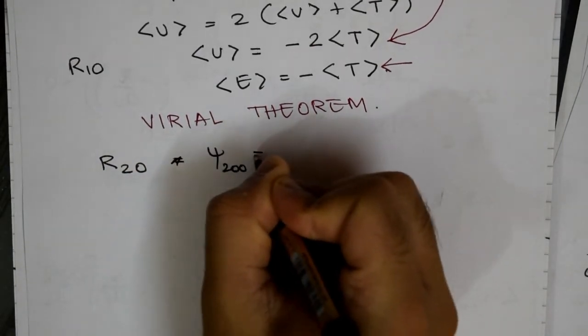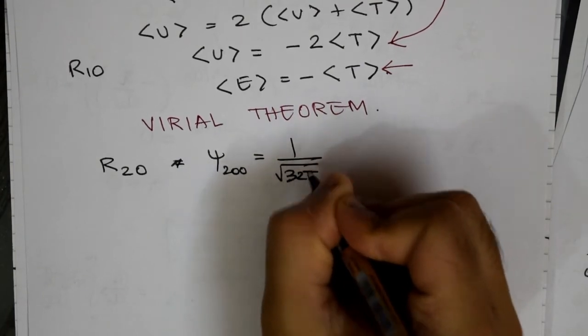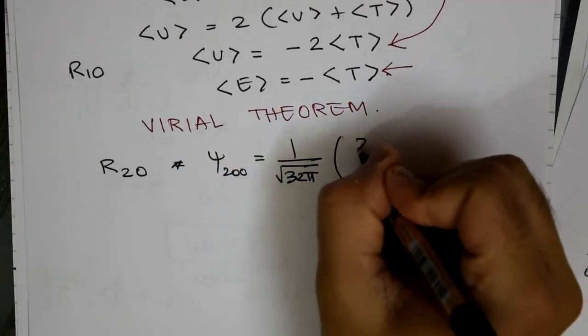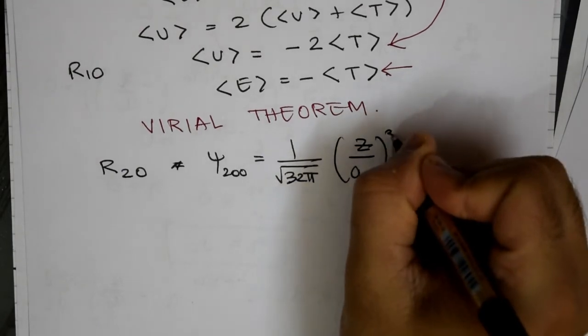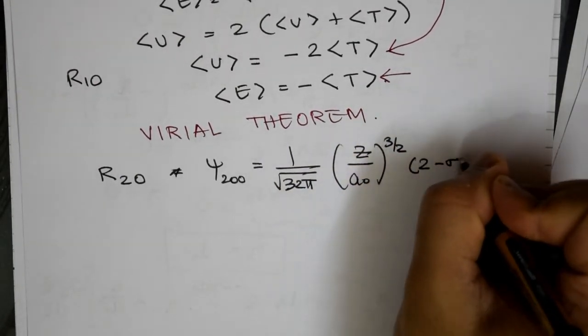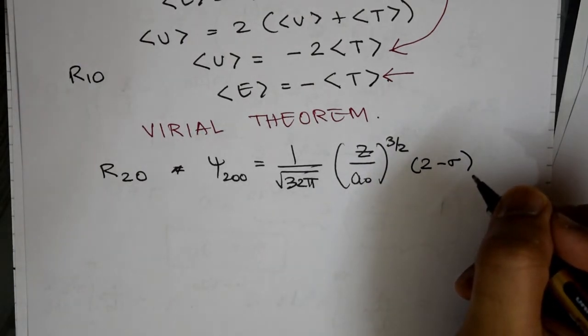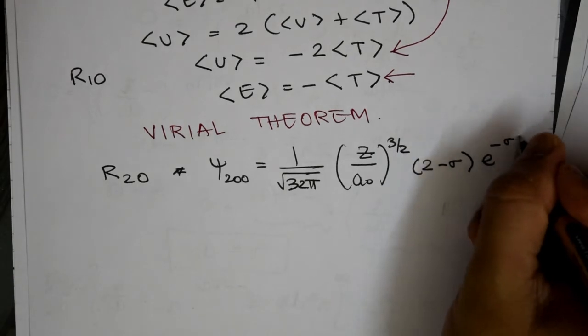So you get something like 1 over square root of 32 pi times Z over a naught to the power 3 by 2. Okay, and then you have, remember, a dependence that comes as 2 minus sigma, e to the power minus sigma by 2. Okay.